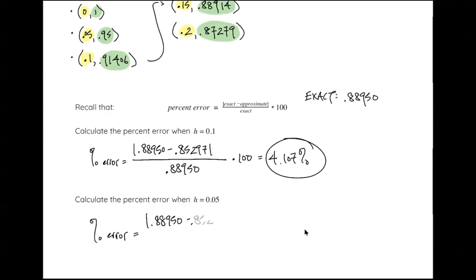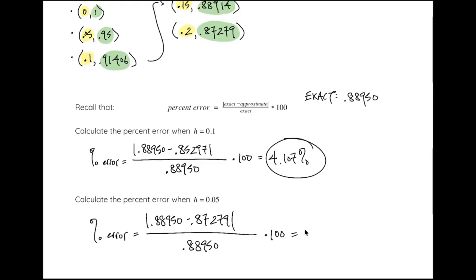Nope, wrong number, Judy. I want to take this one, the 0.871, so 0.87279. And I'm going to divide it by the exact times 100. And I won't bore you with the calculator, but double check my thinking.